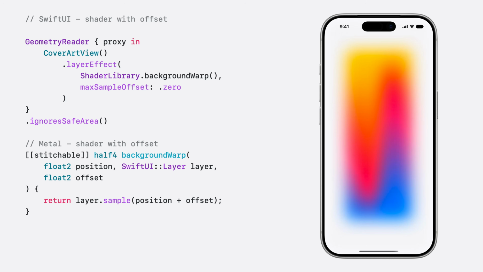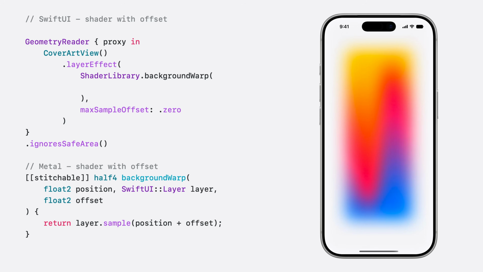With layer effect, I can sample anywhere from the original view. For example, I can pass a float2 vector to the shader function and use it to offset the sample position in the shader. To match the function parameters, I now pass a float2 vector from the SwiftUI side.